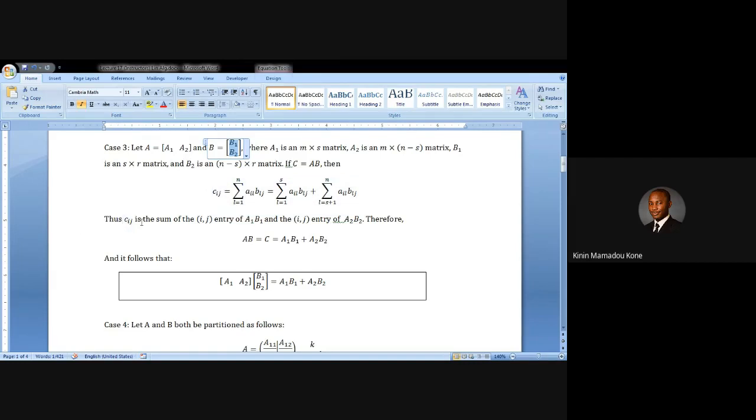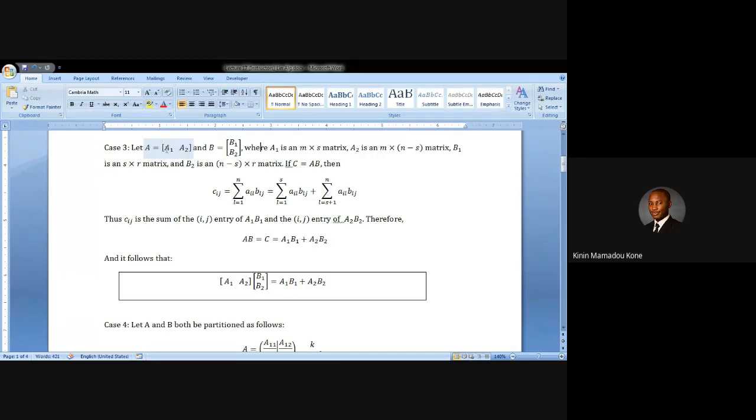Thus, the Cij is the sum of the ij entry of the matrix A sub 1 times B1, and the ij entry of A2 times B2. Therefore, A times B, which is equal to C, equals A1 B1 plus A2 B2. So you take it as if it was a regular product of vectors.